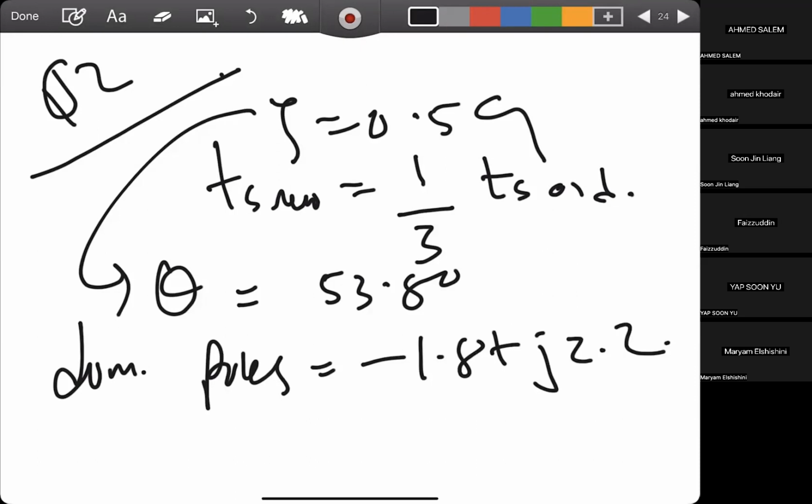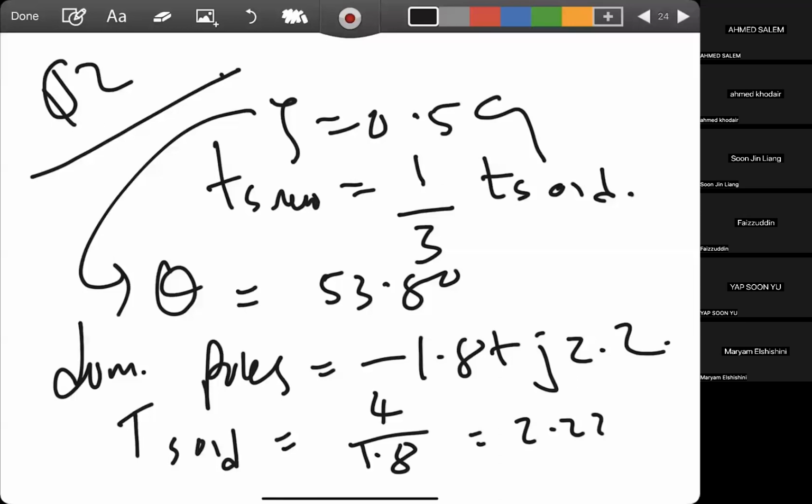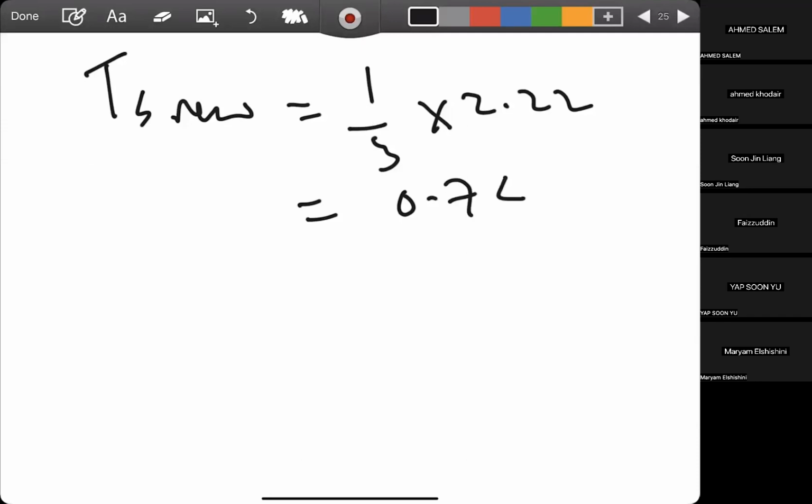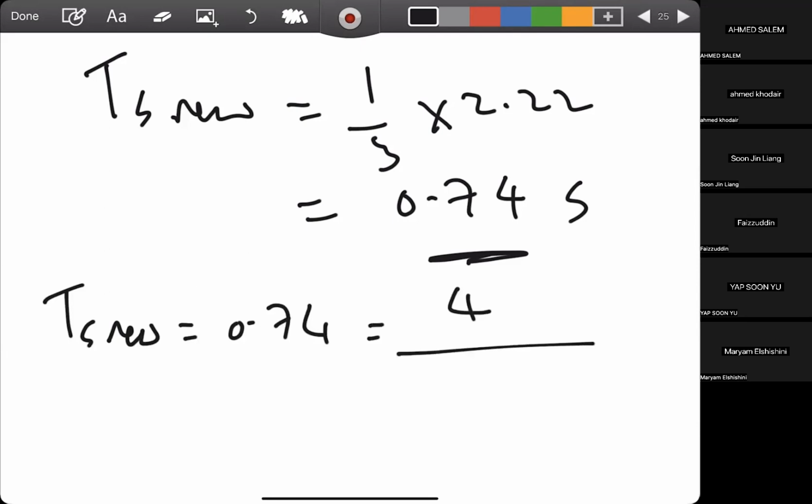So the Ts old is 4 divided by 1.8, 2.22 seconds. And the Ts new is 1/3 of 2.22, which is 0.74 seconds. So this is our target. So Ts new 0.74 is equal to 4 divided by sigma new.